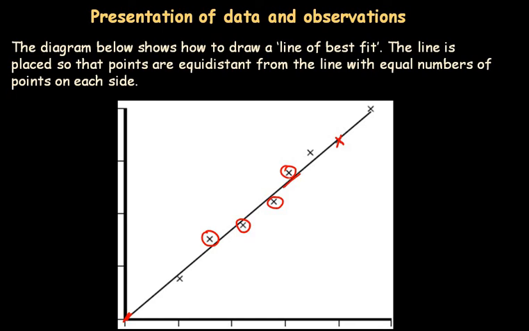So this is called the best fit line. The best fit line is not the one which is passing through many points, but it is the line which is nearer to most of the points. In other words, you can say that the points are equidistant from the line in equal numbers. This is called the best fit line.